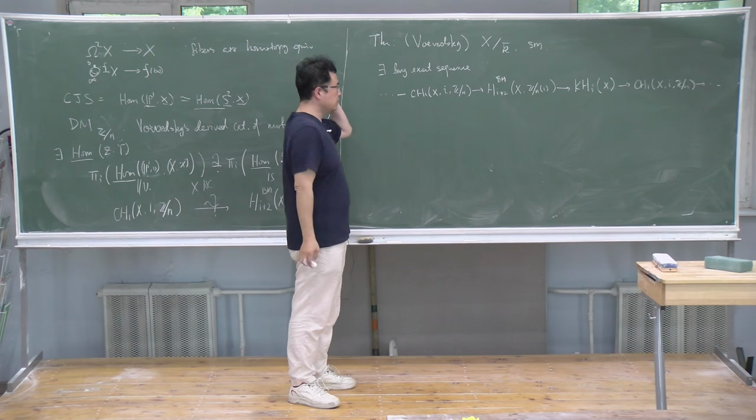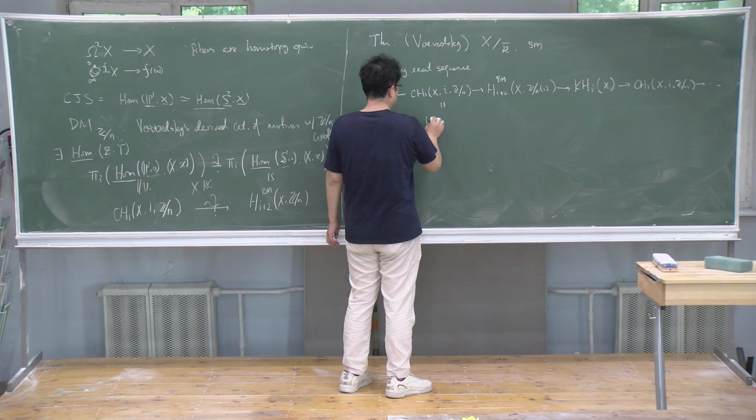I mean, basically, Voevodsky proved that this is isomorphic to H.